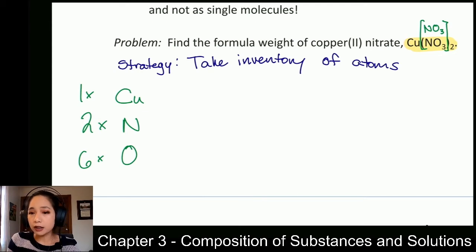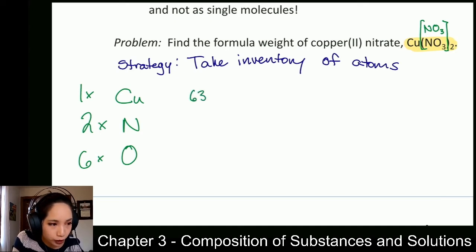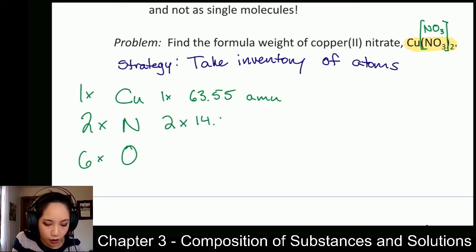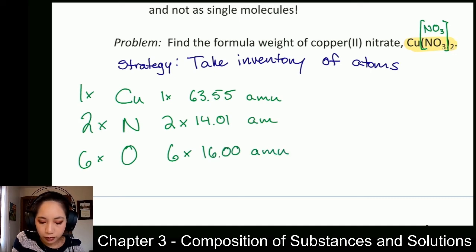All right, and so it's the same thing. We relate the respective atomic masses off of the periodic table and add them up. So let's do that. The atomic weight of copper is 63.55 AMU. That's just straight off the periodic table. There's only one of them. There are 2 nitrogens, so that's 14.01 AMU. And then there are 6 oxygens. Oxygen is 16.00 AMU.